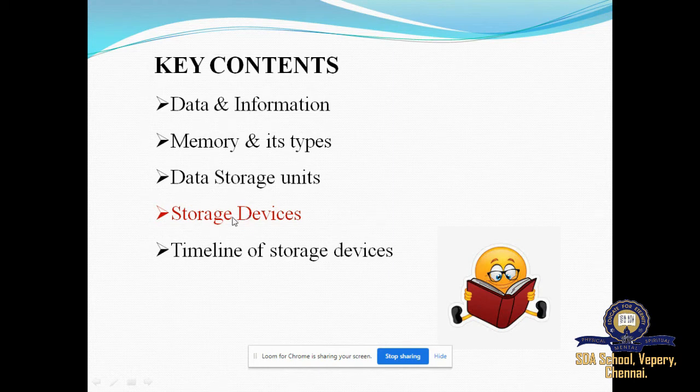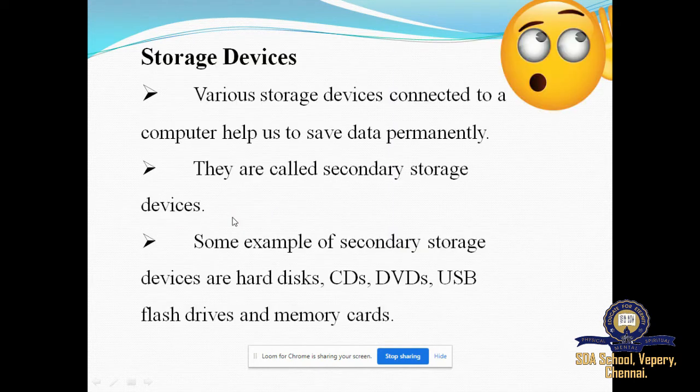Today we are going to learn about storage devices. What is meant by storage devices? Various storage devices connected to a computer help us to save data permanently. They are called secondary storage devices.